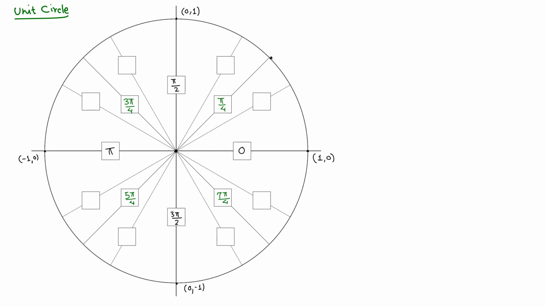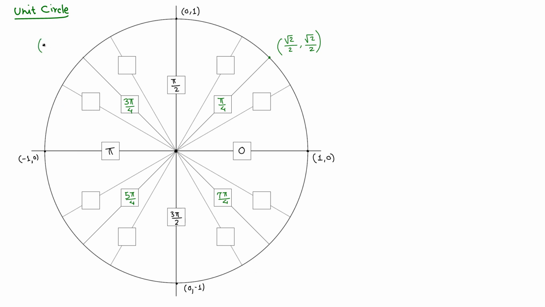And let's write down the coordinates on this unit circle. So pi over 4 is in the middle, so this will be the same for both x and y, so root 2 over 2 comma root 2 over 2, both positive. In the second quadrant, as we know, when we go to the left, x is negative, but we go up, so y will be positive.